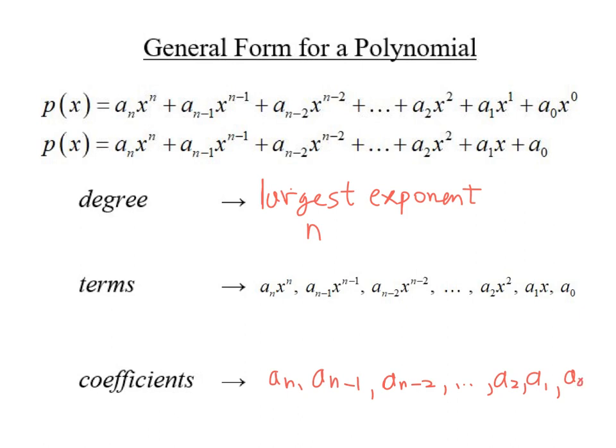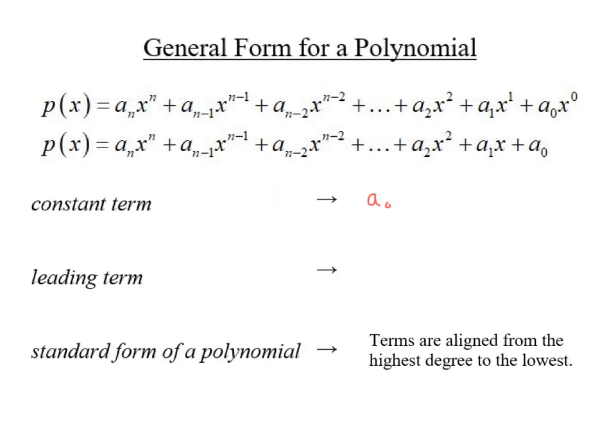It is multiplying x to the 0, but it also has a special name, as we will see. Yes, indeed, a sub 0 is, of course, what's called the constant term, right? It's the one term where the variable does not necessarily show up, okay?